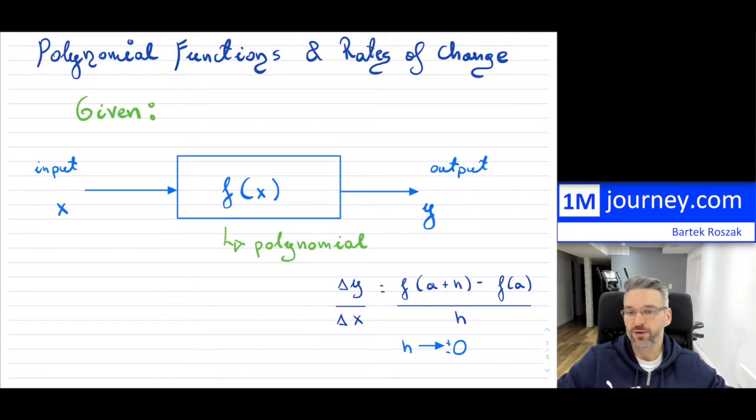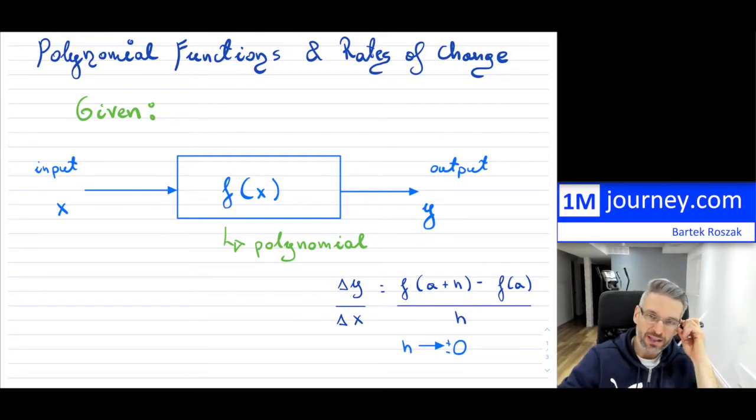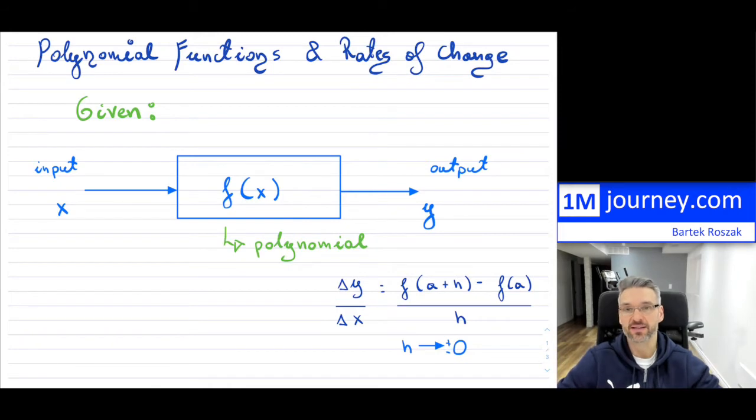With these polynomials, if you want to calculate the rate of change, remember there's the average rate of change, what happens on a particular interval. Typically you might be calculating a secant, which is just the slope of a line between two points on the function.